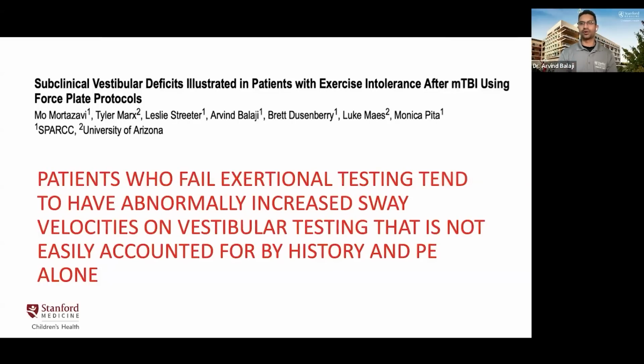This also applies to our pediatric patients who are not athletes. If a patient is not an athlete, they may never be in a situation where they're exercising regularly, so you may be falsely reassured that they've recovered. However, even in them, it's important to encourage them to exercise simply so we can figure out whether there are some inducible exercise intolerance symptoms in that population.